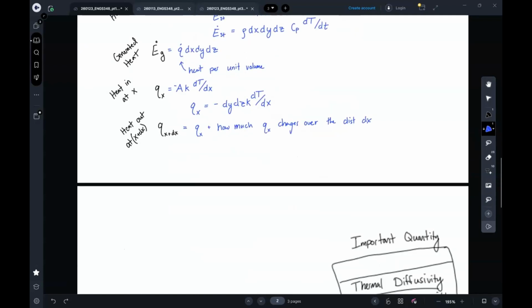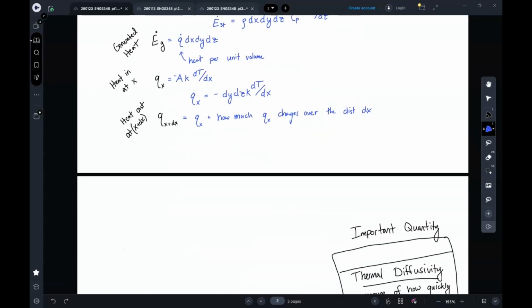The way that we're going to write that is going to be somewhat strange notation. It's going to be qx plus dx is equal to qx plus how fast qx is changing.